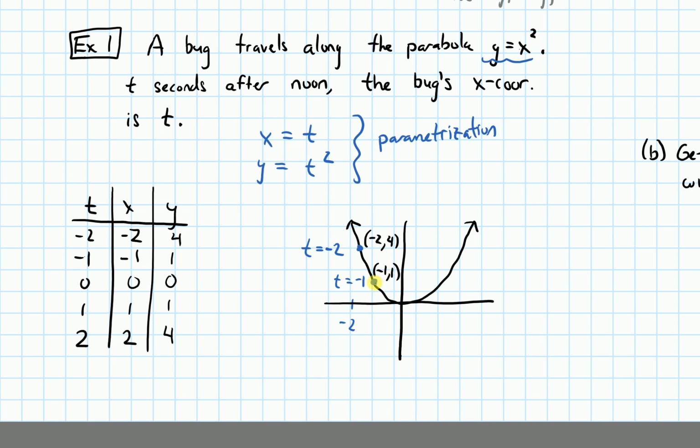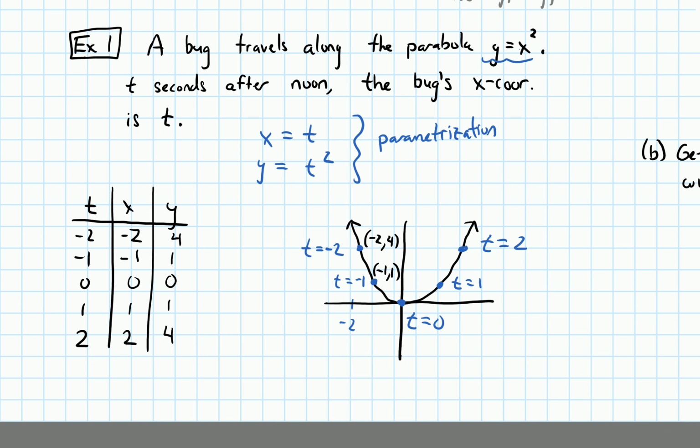So that's where the bug is at t equals -1 second, 1 second before noon. Okay, then at t equals 0, it's at the origin, 0, 0. At t equals 1, it would be at this point, the mirror image of where it was at -1. And at t equals 2, it would be here at 2, 4.